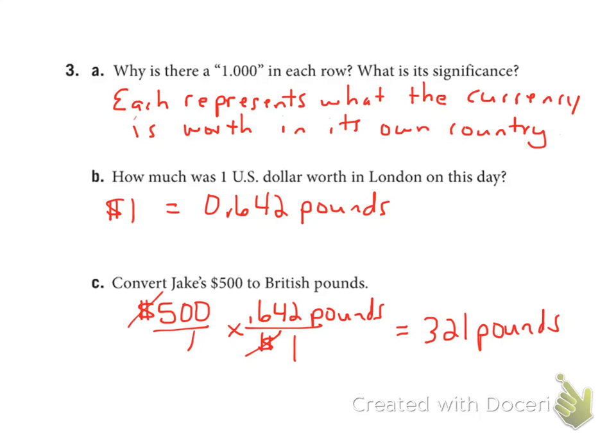Okay, letter D. Analyze the calculation made in part C to determine a quick rule for converting dollars to pounds. Rules like this help travelers make quick conversions without paper or possibly even calculators. Instead of setting up the ratio, what could you do?